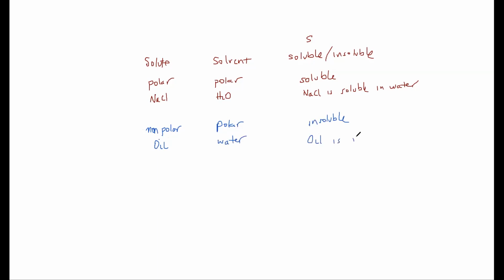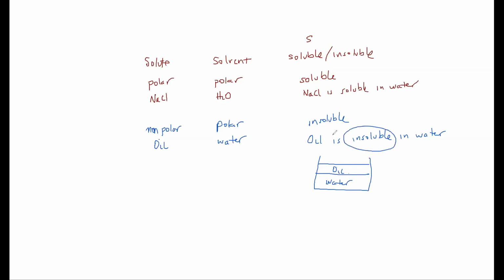Oil is insoluble in water. Why? Because they have different polarities, so they separate, they don't mix, unless you shake them. Water is going to be on the bottom because it has a higher density, and oil is going to be on the top. So they're going to separate.